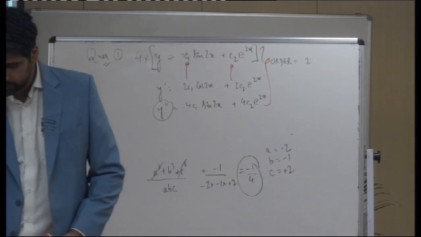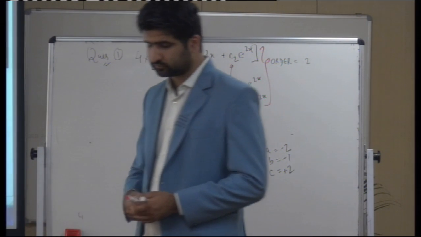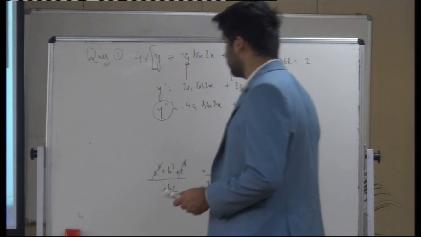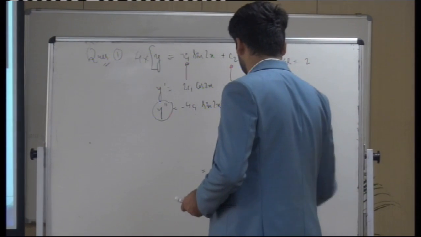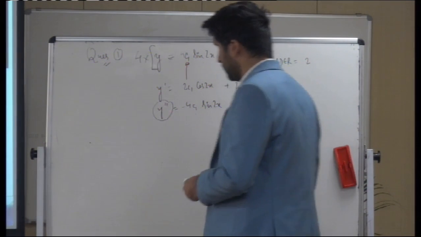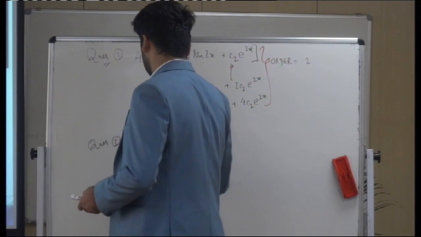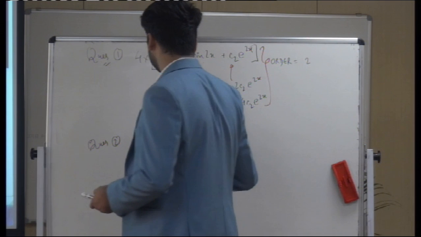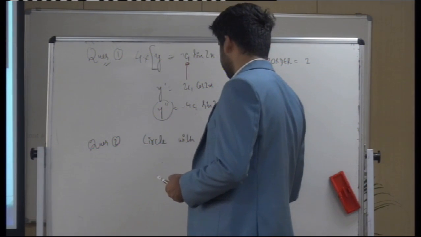Let's do the next question. What is the order of the differential equation formed from the circle with constant radius?